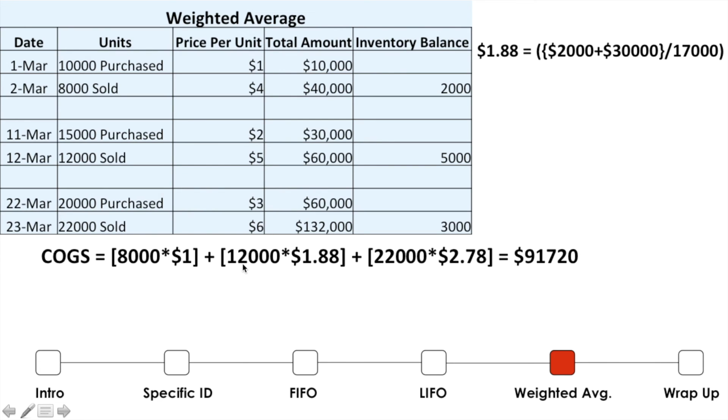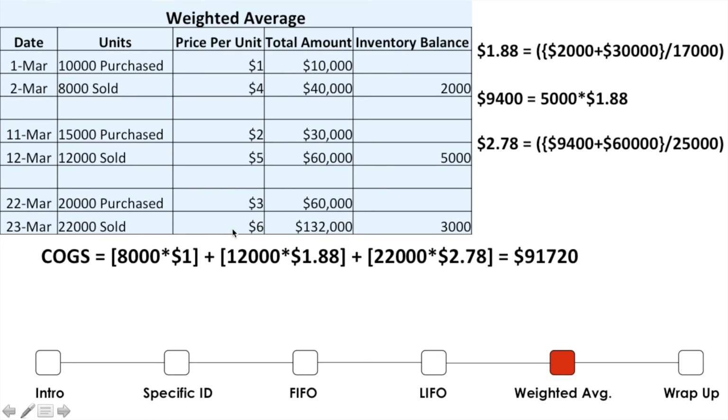So we do 12,000, the total number of units being sold, times $1.88. And then we have 5,000 units left over, where each unit costs an average of $1.88 for a total of 9,400.